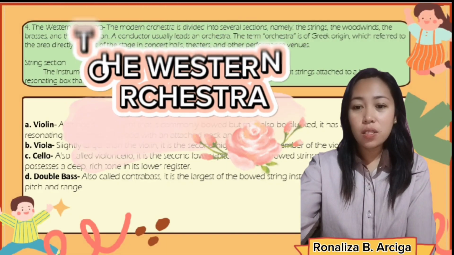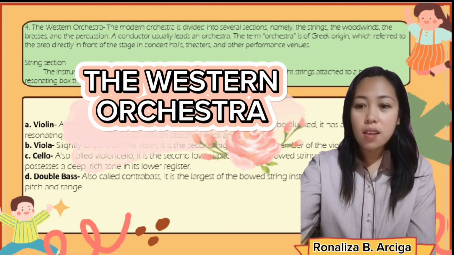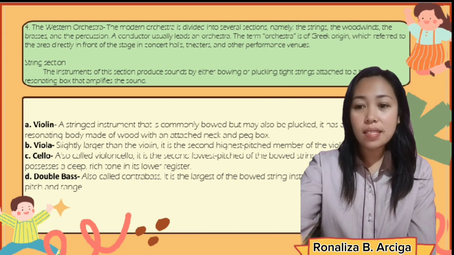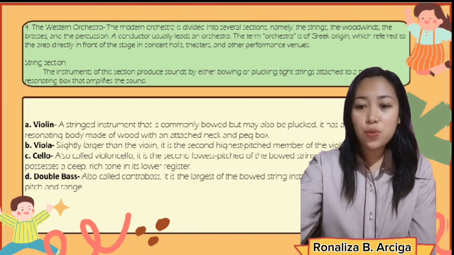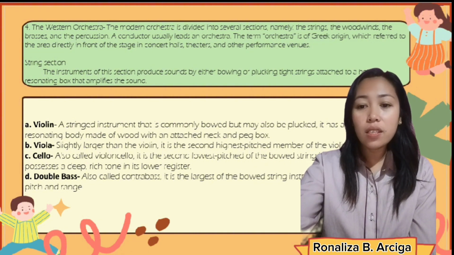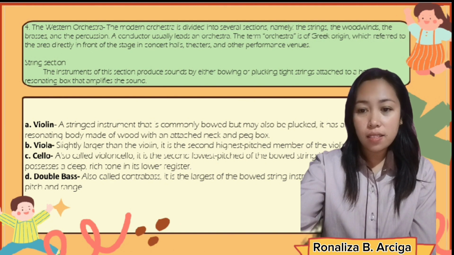Let's proceed to the Western orchestra. So the modern orchestra is divided into several sections, namely the strings, the woodwinds, the brasses, and the percussion. A conductor usually leads an orchestra.